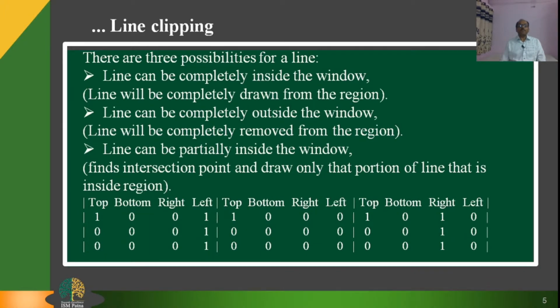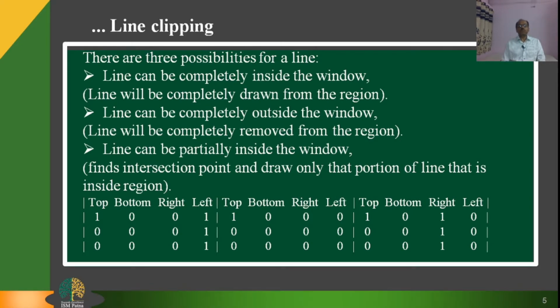For this purpose, there may be possibilities like the line which is completely inside the window, the line completely outside the window, and the line partially inside the window and partially outside the window. And this is done with the following matrix.